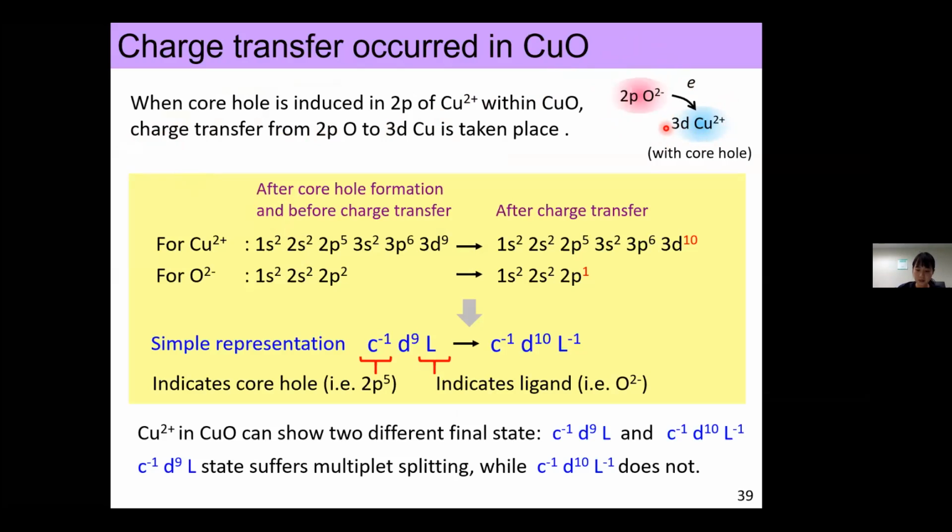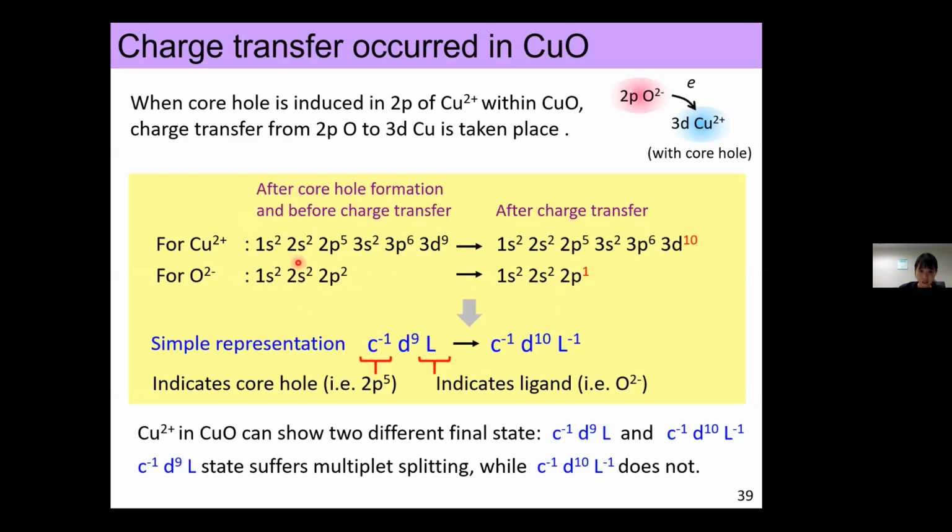If I represent this electron transfer using all electron configurations of copper and oxygen, they can be described like this. So these are before electron transfer, and these are after electron transfer.